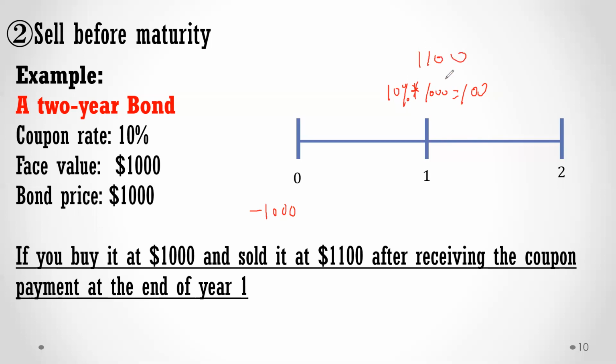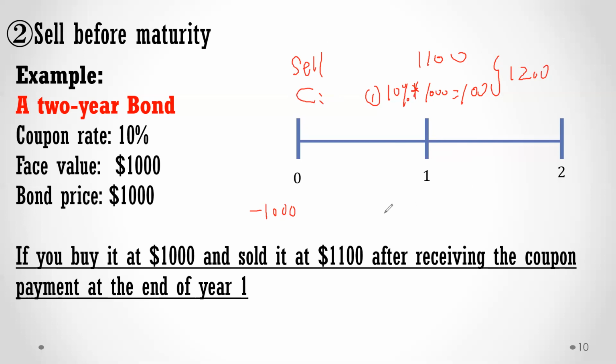So there are two cash inflows at time one. First, you get your coupon payment, and you also sell the bond at a price of 1,100. So in total, your total cash inflow is 1,200.